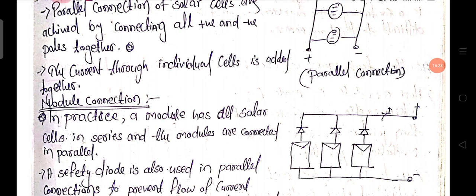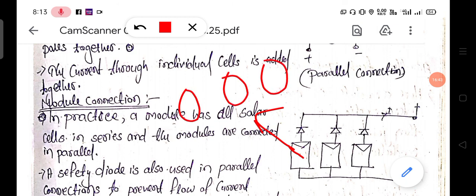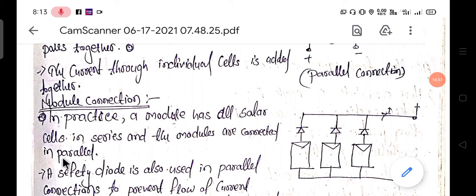That means this is one module, this is one module, this is one module. Inside each module, the solar cells are connected in series, and the modules are connected in parallel. This is the parallel connection. This happens in the commercial or practical manner.